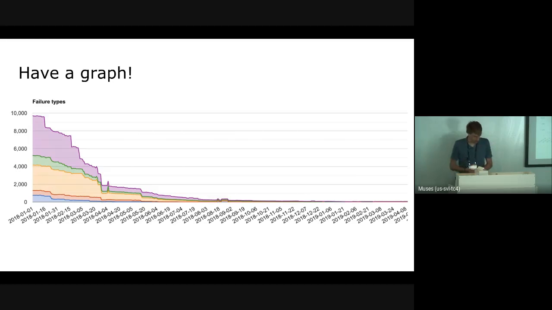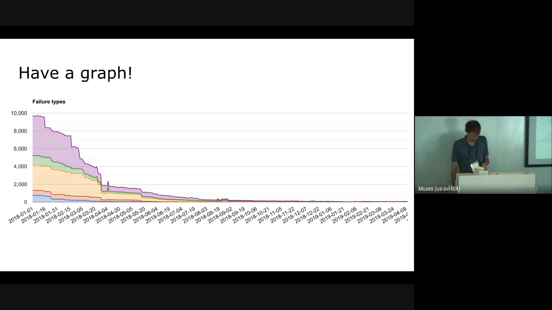The other thing I'd recommend is have a graph. Koji created this pretty early on, right? And this is super motivating. It is crazy how motivating this is. This is basically the start of 2018 through to roughly when we were code complete, bug complete, probably around the start of January.